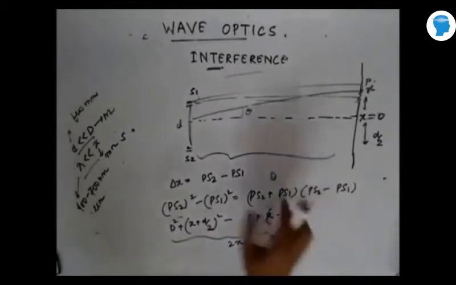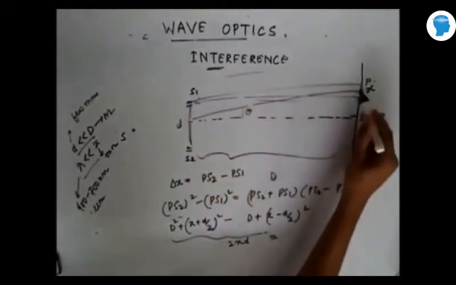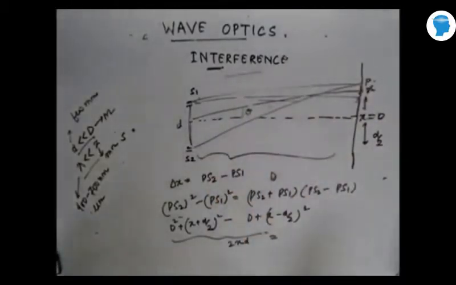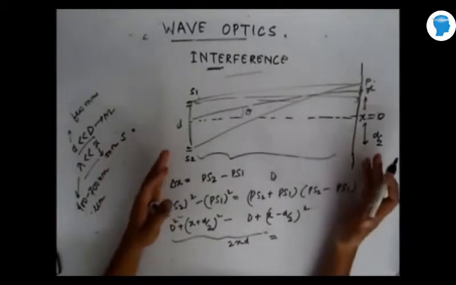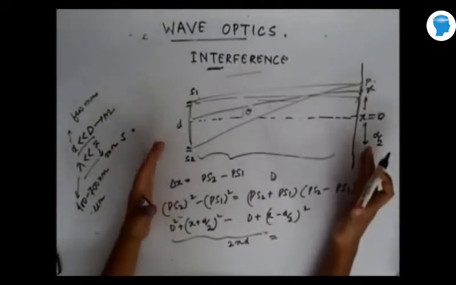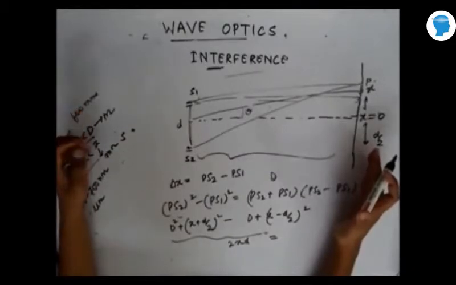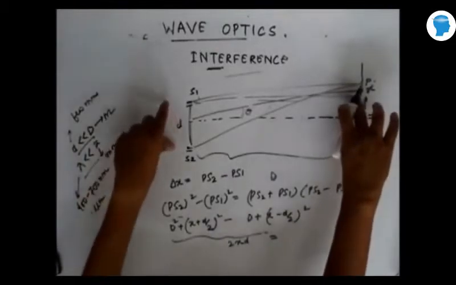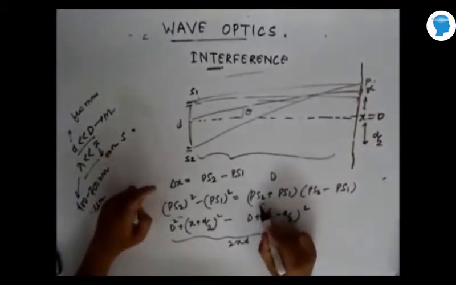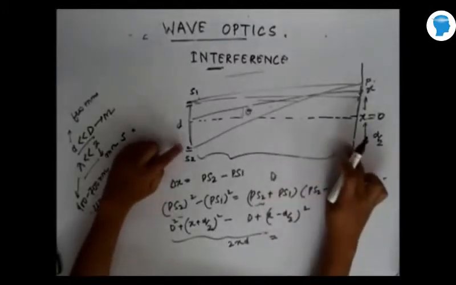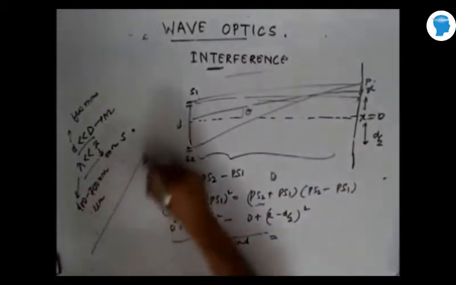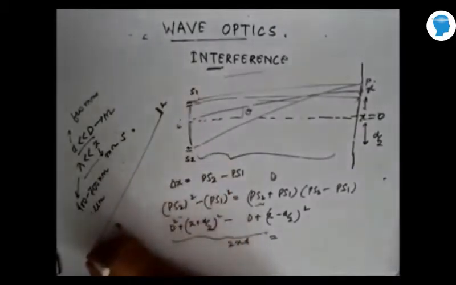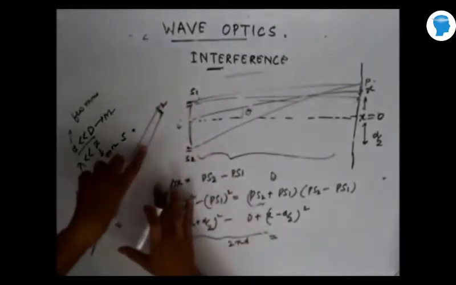PS2 plus PS1, PS2 is this distance plus PS1 is this distance. Now you see that in this case we are drawing it to a smaller scale. Actually the distance between this screen and these slits is very large compared to all other distances, that means this distance or this distance. So PS2 I can approximate as this distance. Remember that when you have a large base and a small height, then this hypotenuse is approximately equal to this base, right?